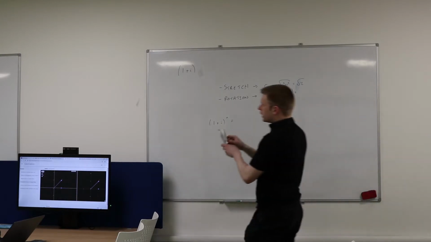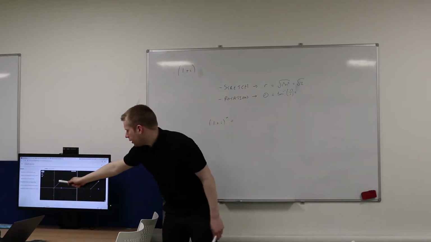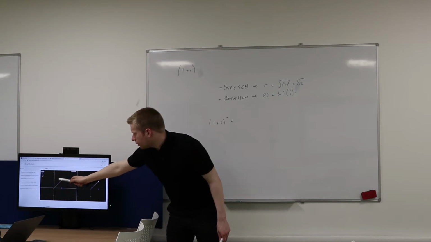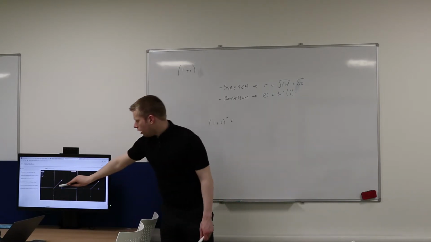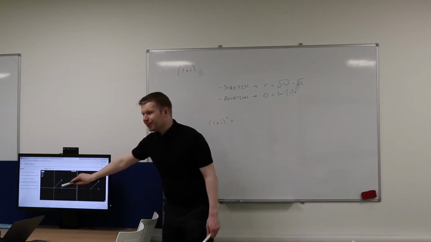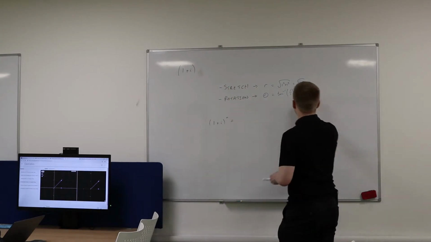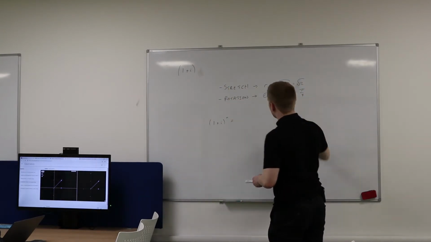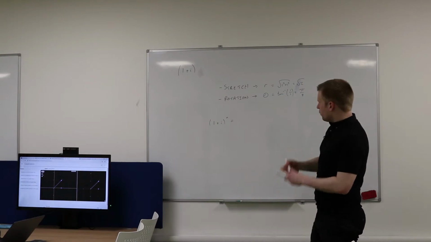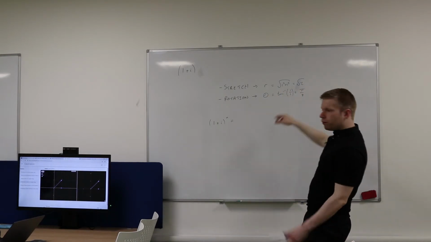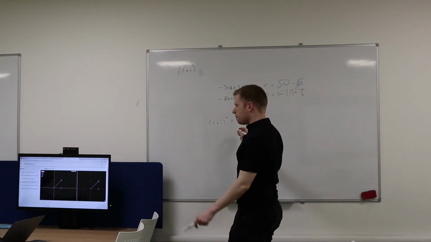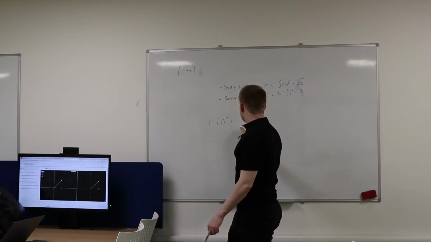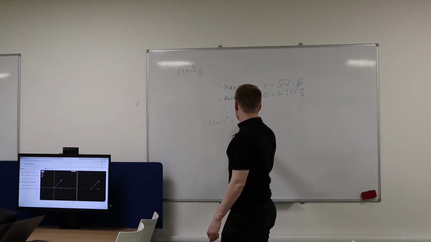So think about it on the complex plane. We've got it here. 1 plus i. The length of that line is root 2. The argument is equal to... Excellent. It's 45 degrees, so it's pi divided by 4, which means that if we take 1 plus i and put it into polar form, we get what? Yes.